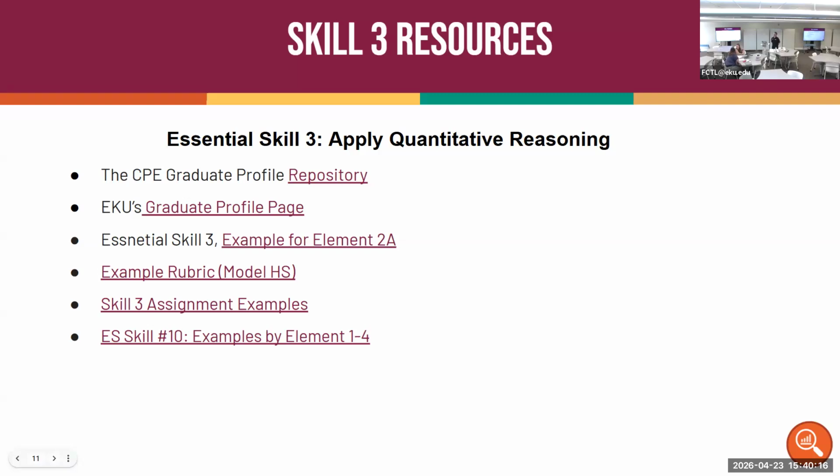And in the milestone, at the 4-point, we're looking at language like always and consistently does this thing. And then 3 is mostly, always does this thing. And then 2 is somewhat, and 1 is rarely does one of these things, one of these things being one of the indicators.